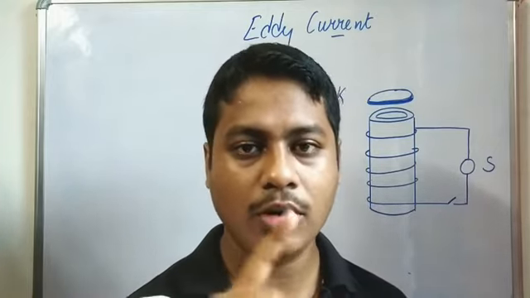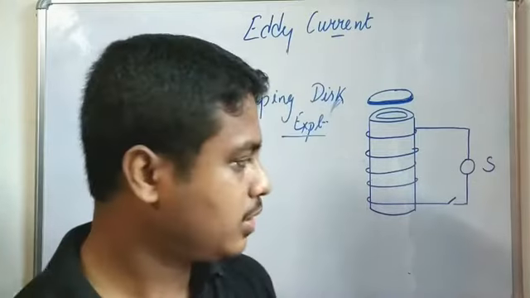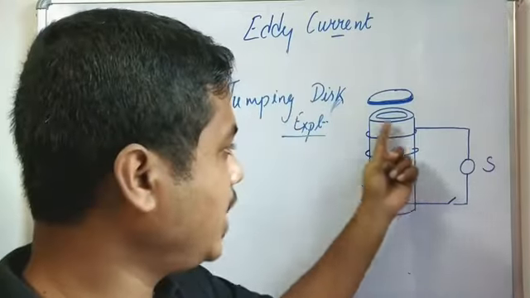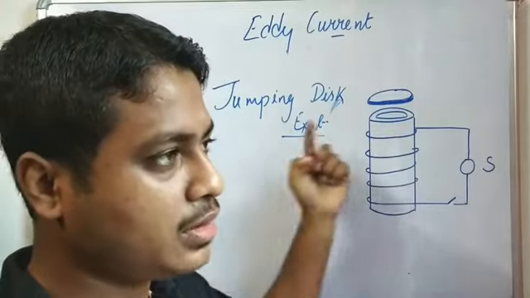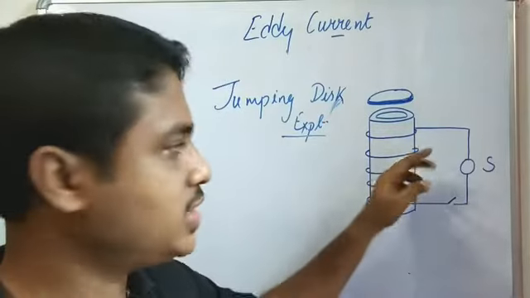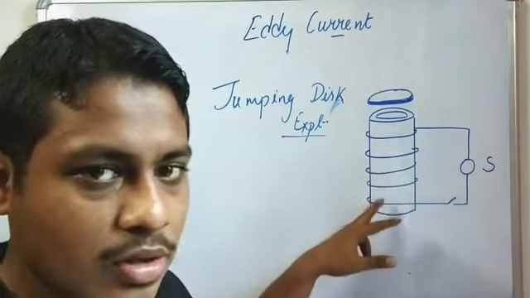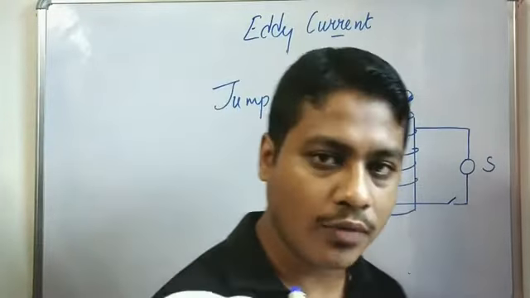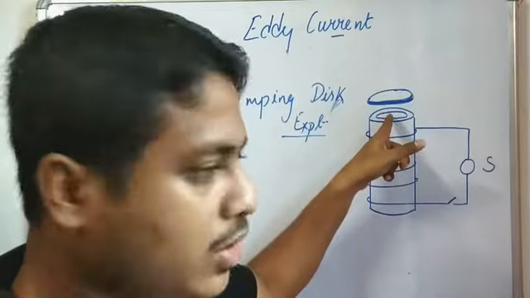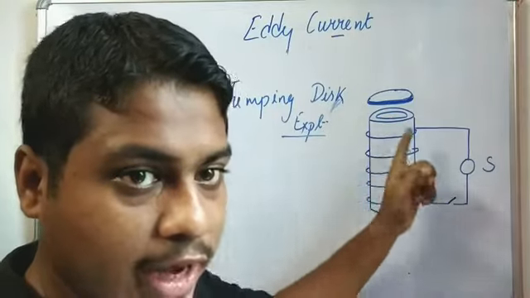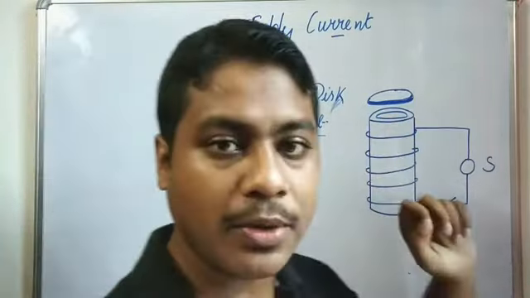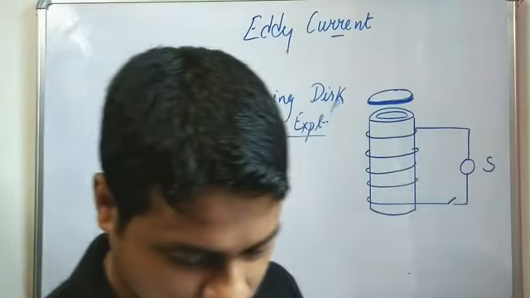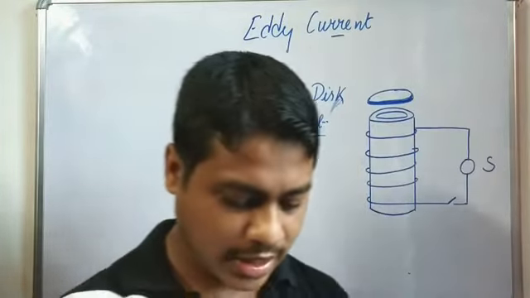Anti-clockwise, north pole; clockwise, south pole. Suppose the current is flowing in an anti-clockwise direction in this loop. This is nothing but a solenoid only. So in this loop it is flowing anti-clockwise, so this part of the coil will be the north pole.